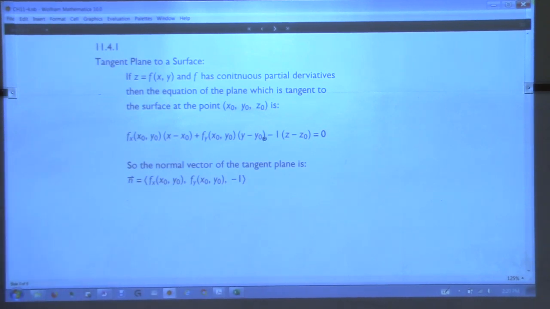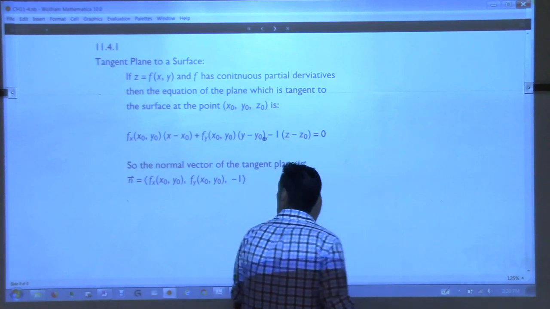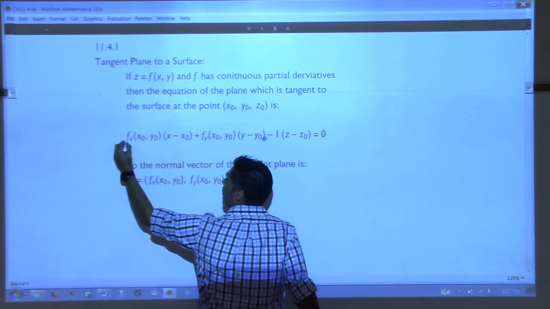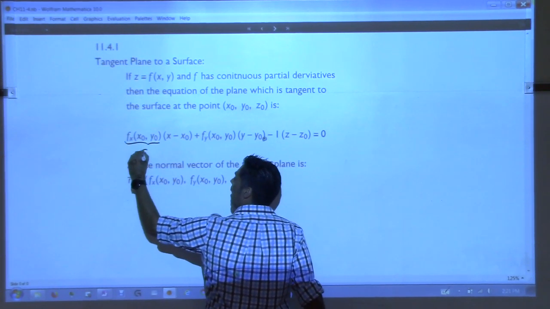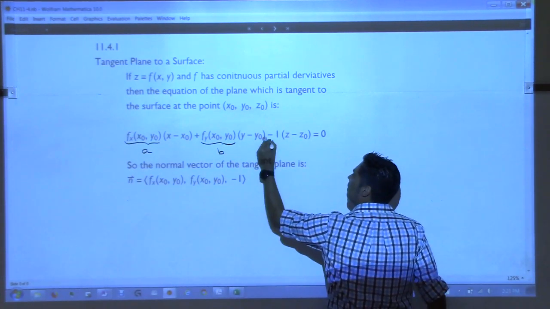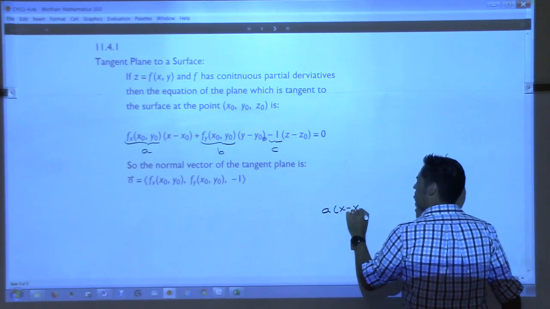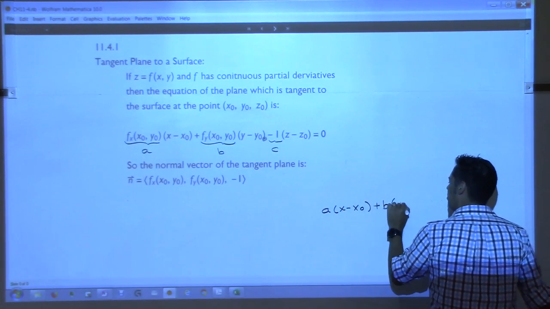All right, so let's try and understand what this is. Hopefully, if you look at this right here, A, B, C, I hope that looks like that standard equation of a plane. Remember this?